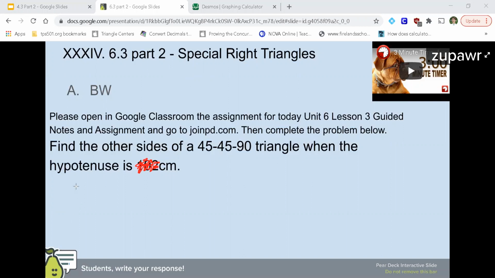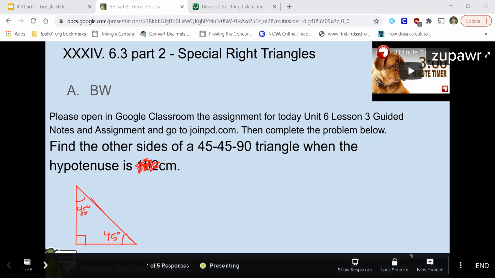Okay, so let's say you have a 45, 45, 90 triangle. Let's try that again. There we go. This is 45 degrees. This is 45 degrees. Got another person in here real quick.